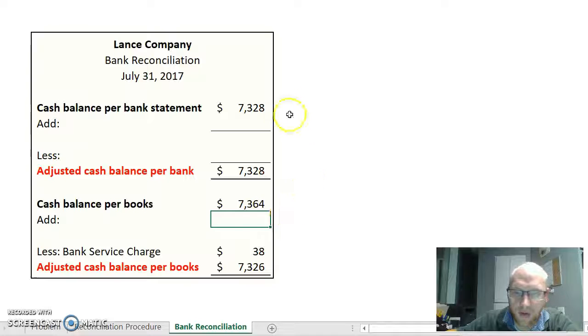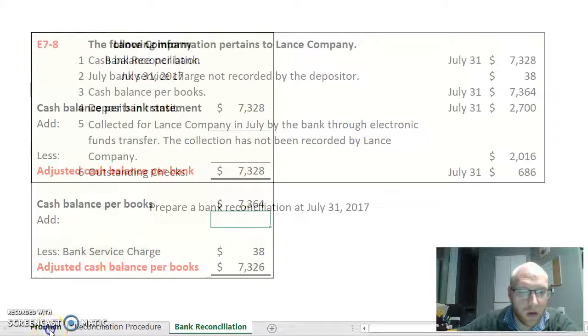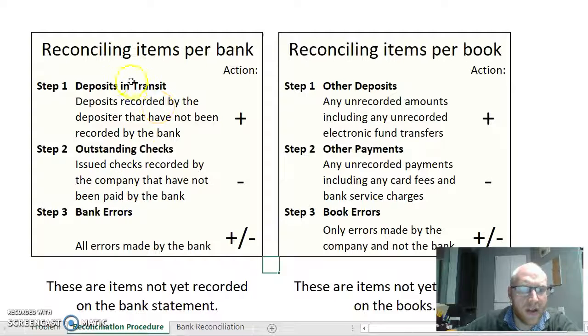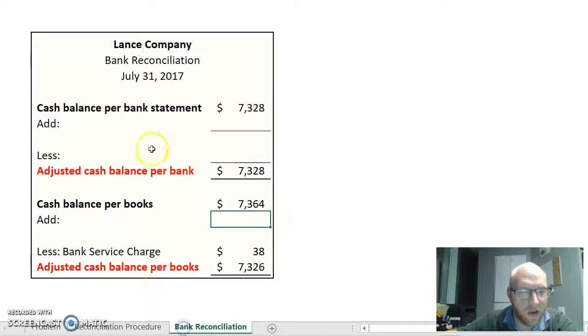So we know that there is a discrepancy somewhere, and this is the process that we are going through to find it. All right, fourth item, deposits in transit for $2,700. So we see here in step one of reconciling items per bank is deposits in transit. So we need to add it for $2,700.